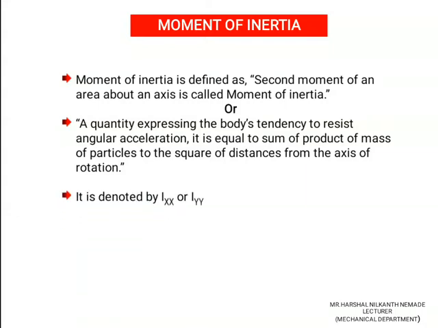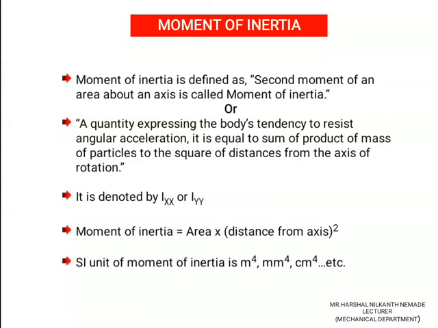It is denoted by Ixx or Iyy. Moment of inertia of an area is given by area multiplied by the distance from the axis squared. The SI unit of moment of inertia is meter raised to 4, mm raised to 4, centimeter raised to 4, etc.